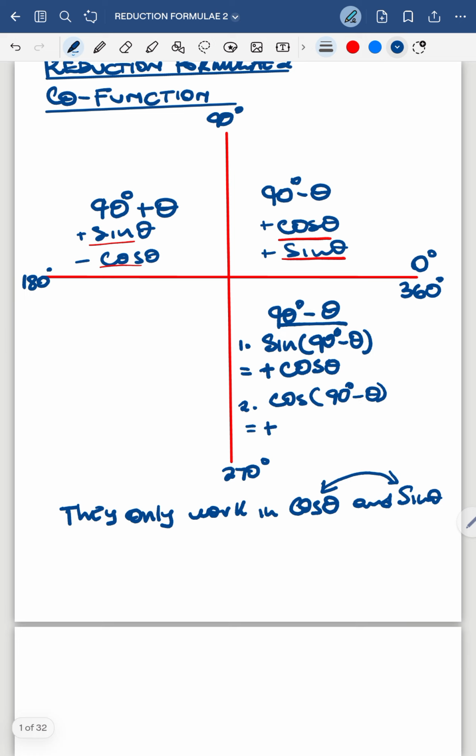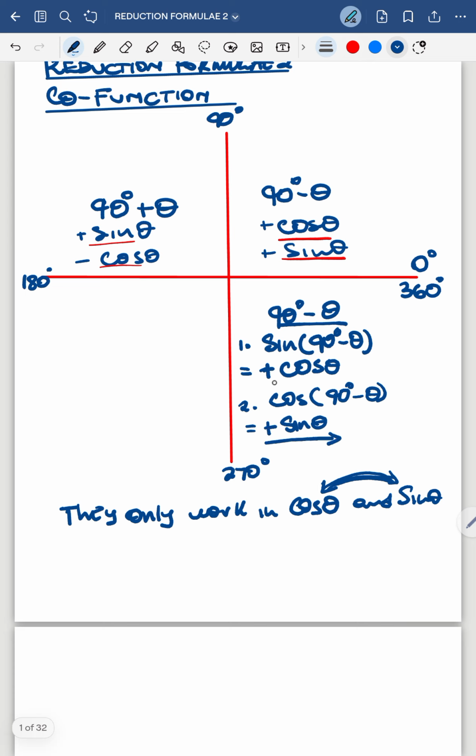What is the cofunction of cosine? The cofunction of cosine is sine theta. So this is your answer: cosine open brackets 90 degrees minus theta is equal to sine theta, and also sine open brackets 90 degrees minus theta is equal to cosine theta. This is what you should know.